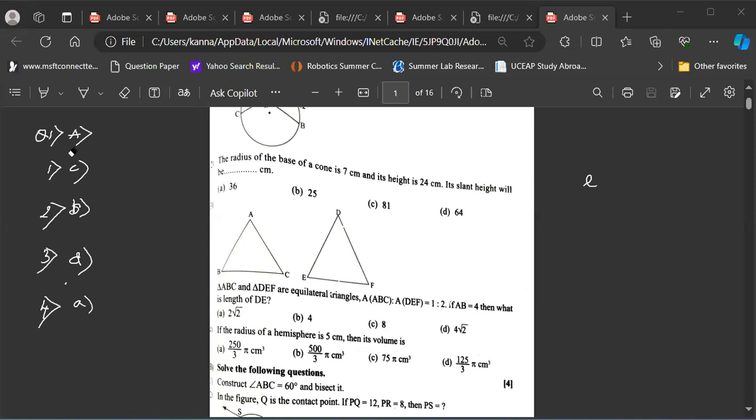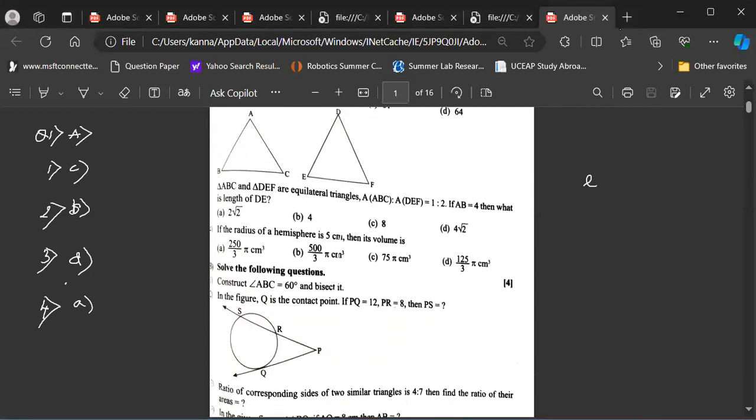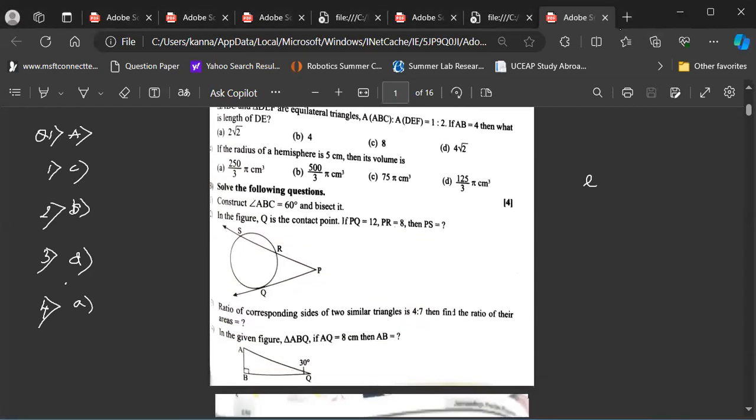Now we start with question number 2, children. Question number 2 says, solve the following questions.